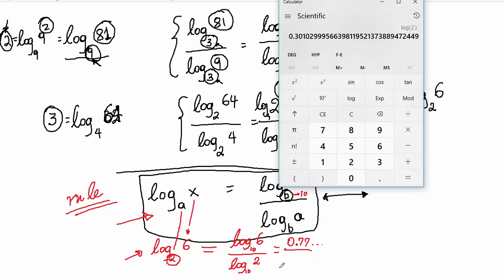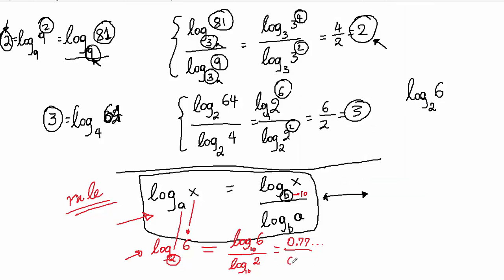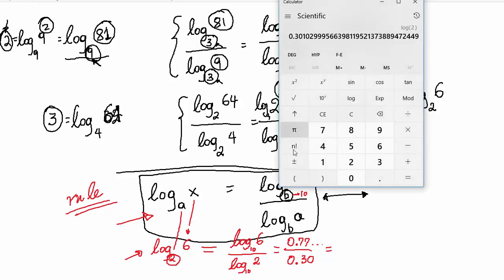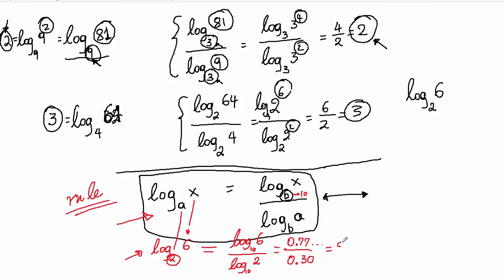So I write right here 0.30. And the result for this is going to be 0.77 divided by 0.3. My answer is 2.56. 2.56, this is the answer.